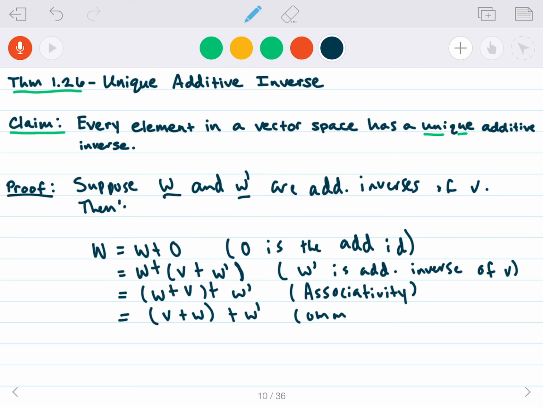Commutativity. And we assumed that W was an additive inverse for V, so V plus W is going to be 0. So this becomes 0 plus W prime. You can do an extra step for commutativity if you want, but it's fine to just say 0 is the additive identity, 0 plus anything is itself, so this is just W prime. And therefore, W has to equal W prime, so each additive inverse is unique.